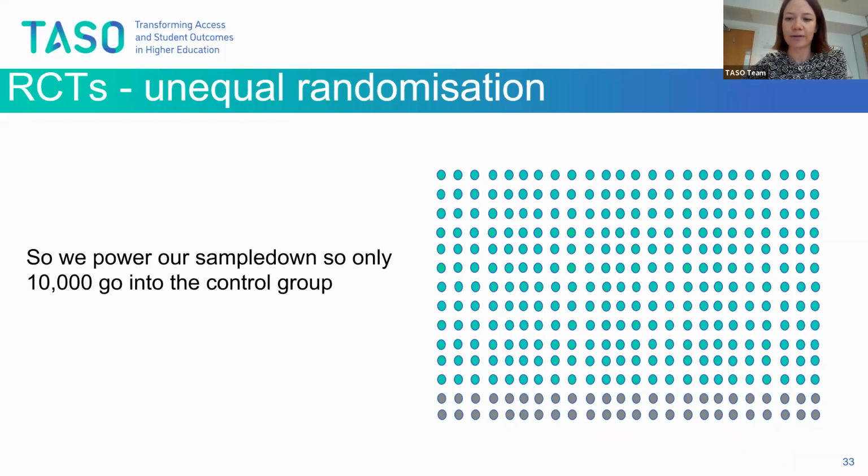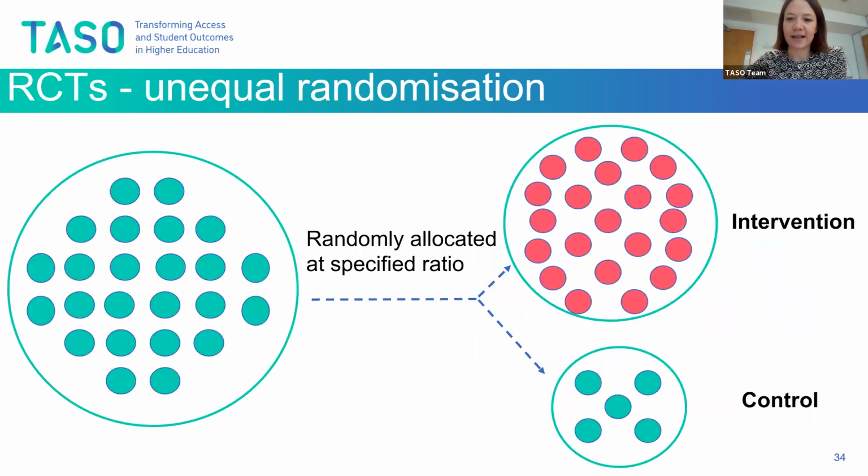So 9 people are going to receive the online tutoring program for every 1 that receives the control, the face-to-face tutoring program. Equally, we can use unequal randomization to reduce cost or risk, as we've discussed. This visual is just to help present what we mean by unequal randomization. It's worth noting that this is also sometimes called powering down a randomized control trial.